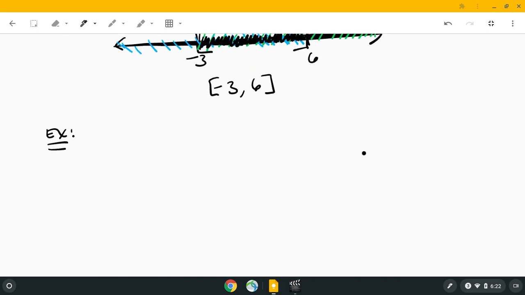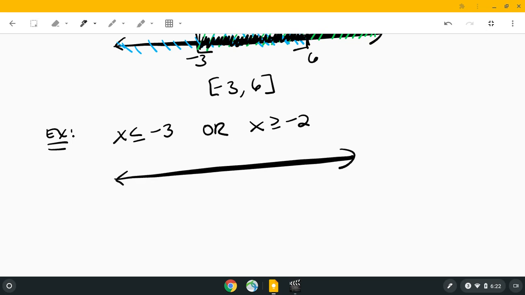All right, so let's take a look at how to translate the or. If I have x is less than or equal to -3, or x is greater than or equal to -2, then here we want this to be true or this to be true. If I graph this, here's -3, here's -2.